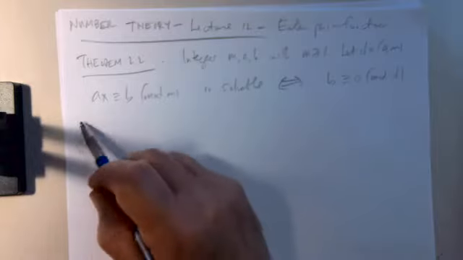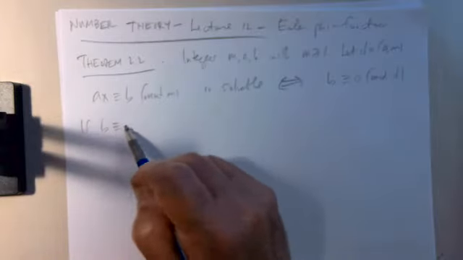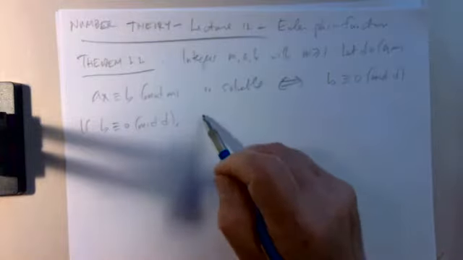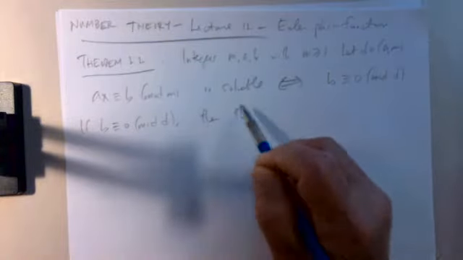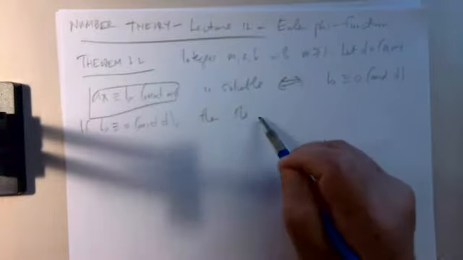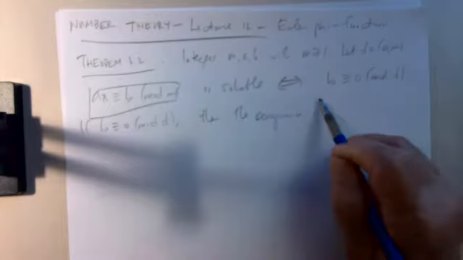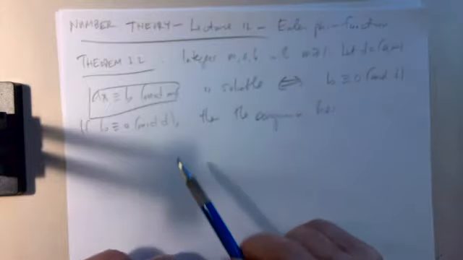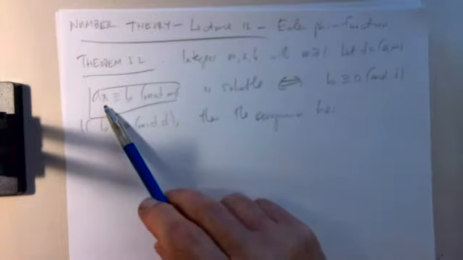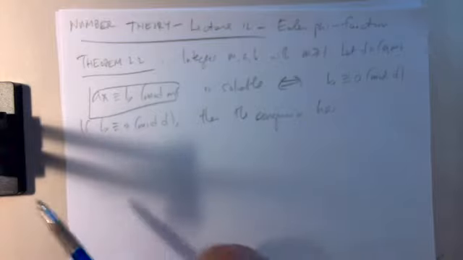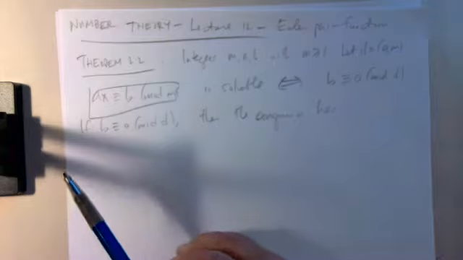And in this case, if b is congruent to 0 mod d, then this congruence always has infinitely many solutions, because if x is a solution, any number congruent to x mod m is also a solution. So what's of interest is the number of pairwise incongruent solutions.